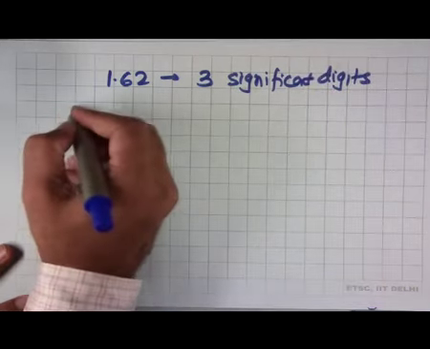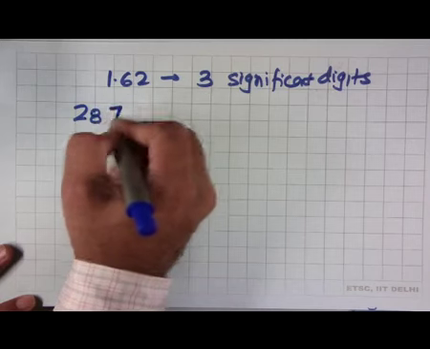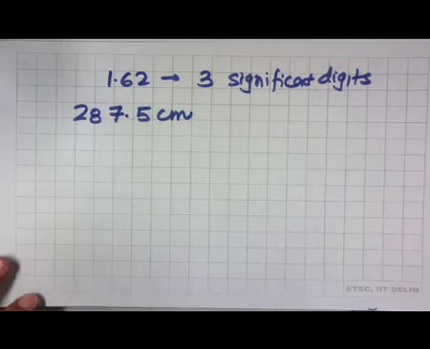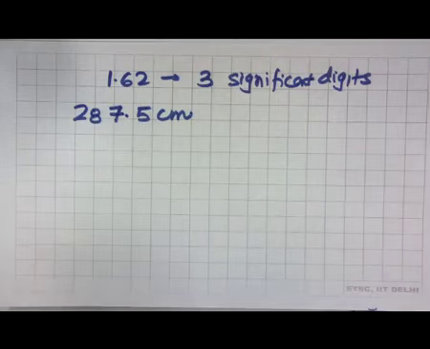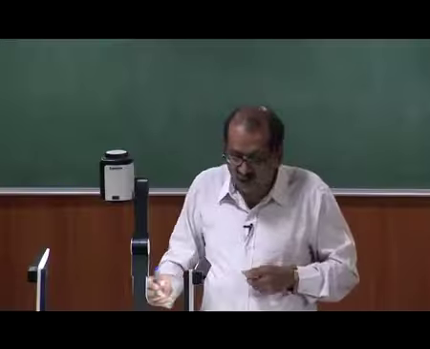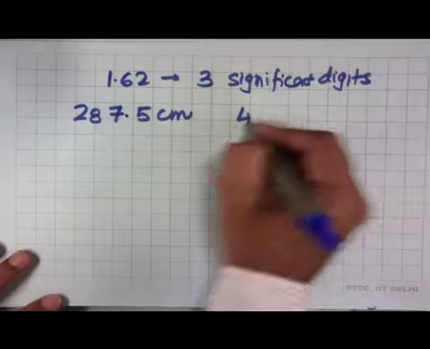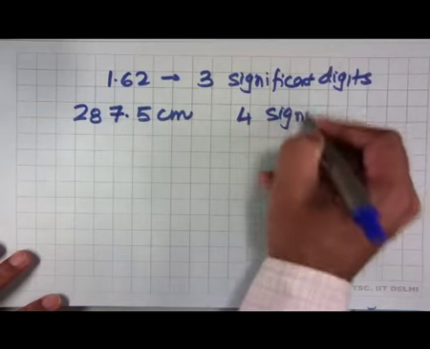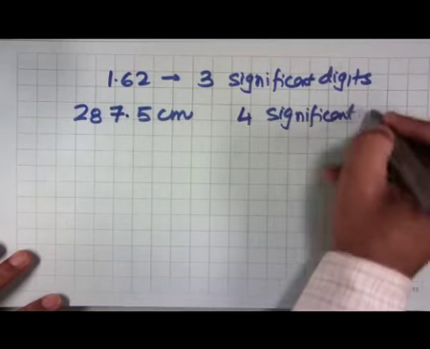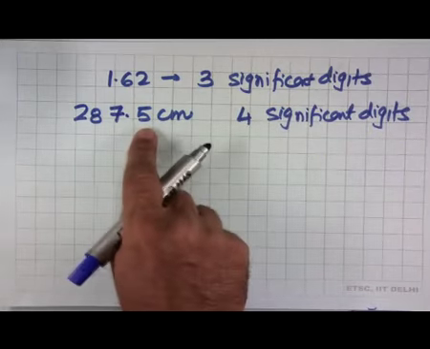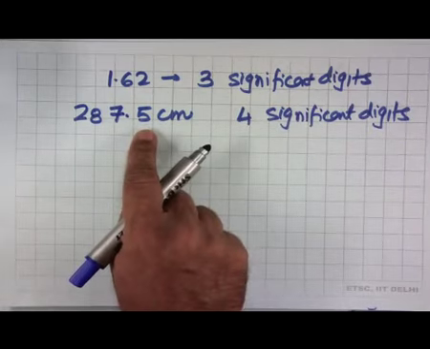We take another measurement, for example 287.5 centimeters. This means we are taking our measurement with a ruler which has 1 millimeter graduation, we are going up to 1 millimeter. So, here we have 4 significant digits, and always the uncertainty is in the last digit.